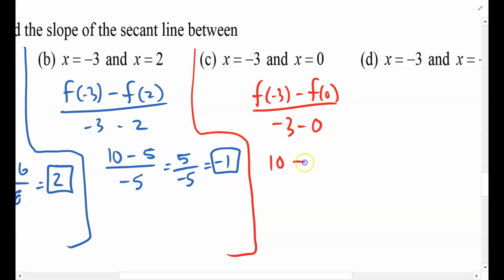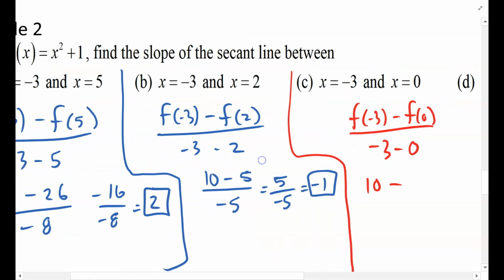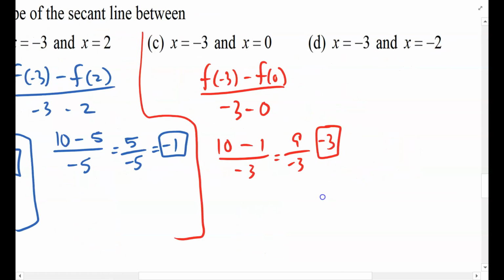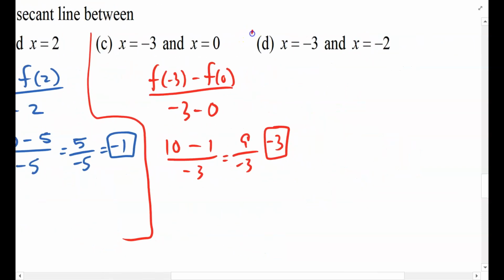We know what f of negative 3 is. f of 0 is not 0. 0 squared is 0 plus 1 is 1. And then we would have negative 3 minus 0 is a negative 3. So that gives us 9 over negative 3. So we get negative 3 as the slope of our secant line. Okay. Let's go green.